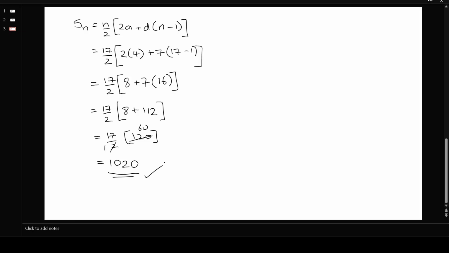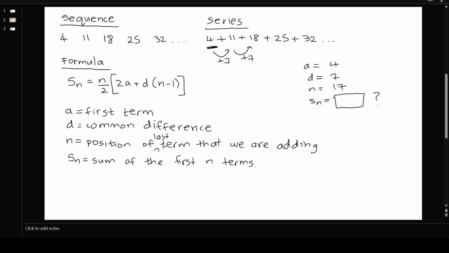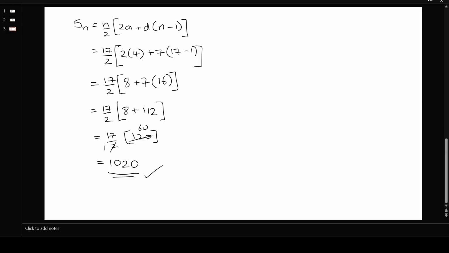That is the sum of the first 17 terms of this series. And we got that by figuring out what the A and the D was in our series. They told us how many terms they wanted to add up, and we just plugged the 4, 7, and 17 into A, D, and N in our formula, and then we solved it, and we found that the sum of the first 17 terms is 1020.